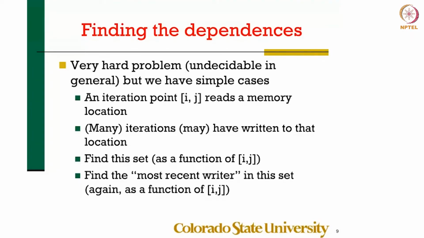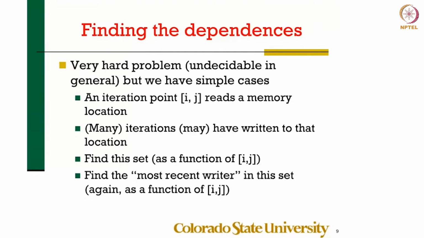All right. So what is the problem that we want to solve when we want to do dependence analysis? You want to do dependence analysis that is element-wise and instance-wise. So you have a particular instance of a statement. In our example, we have only one statement, so there is no issue.